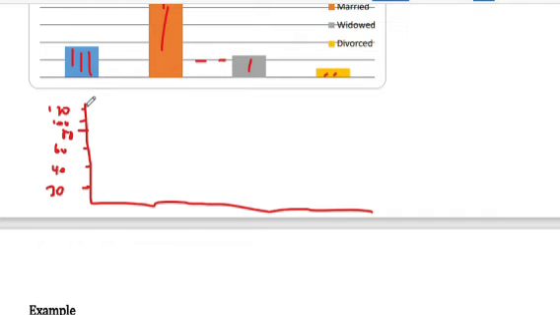Let me extend this up a bit. So if I'm going to get 35 out of this, 35 is going to be between 30 and 40. So I'll just draw this like this. That's 35. The next one is 130. So 130 is going to be longer than 120. And the next one is, let me check.